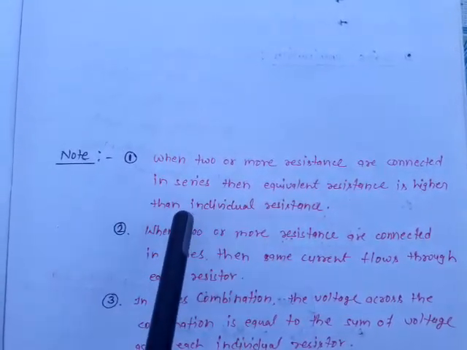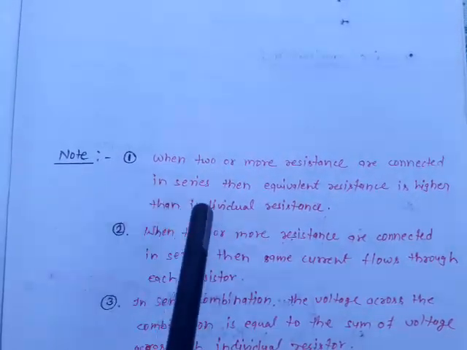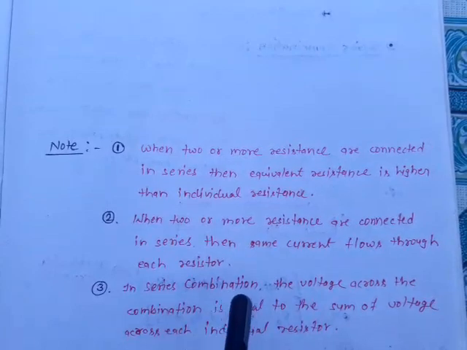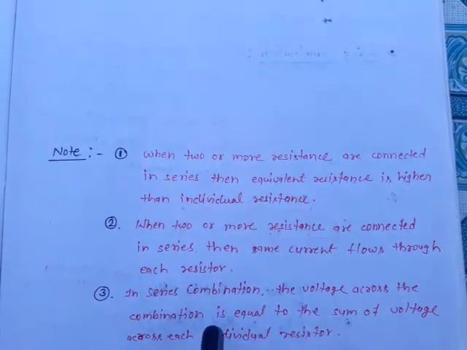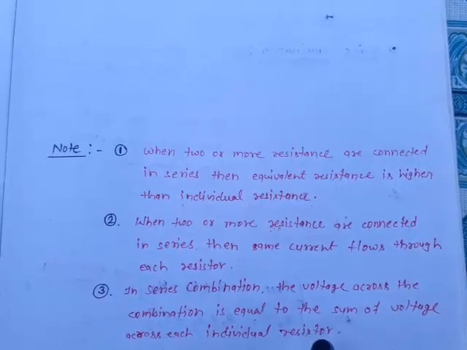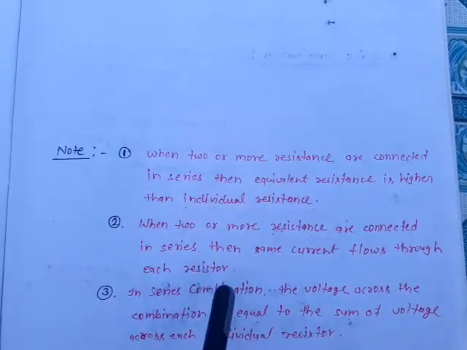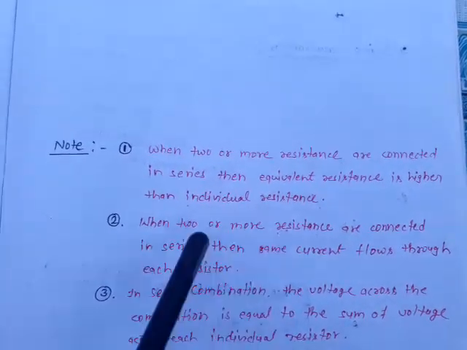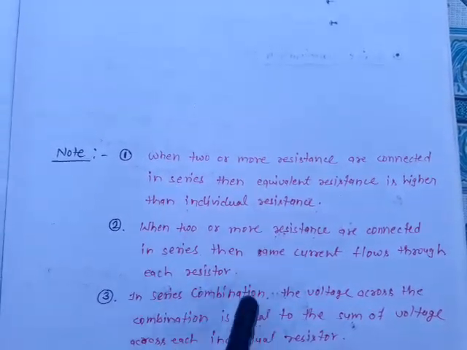And third, in series combination, the voltage across the combination is equal to the sum of the voltages across each individual resistor, that is, V is equal to V1 plus V2 plus V3. Now, these are the important results of series combination.